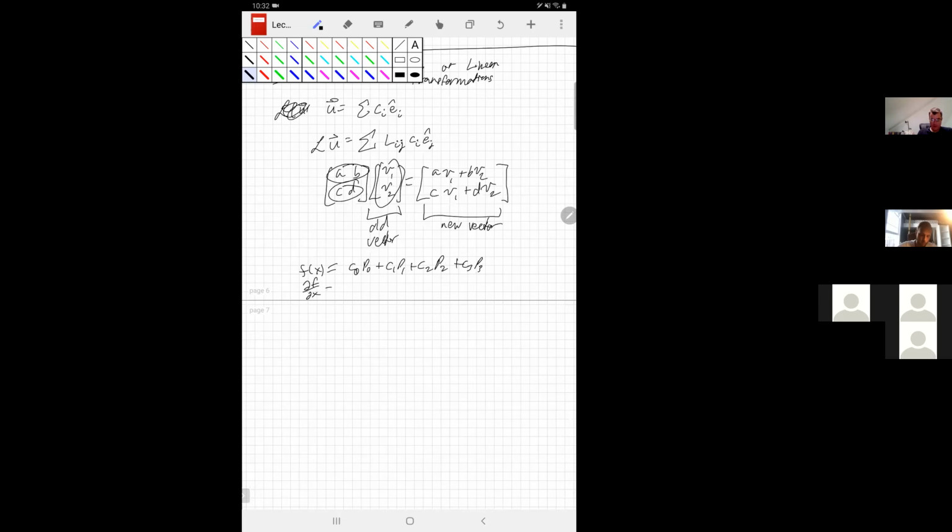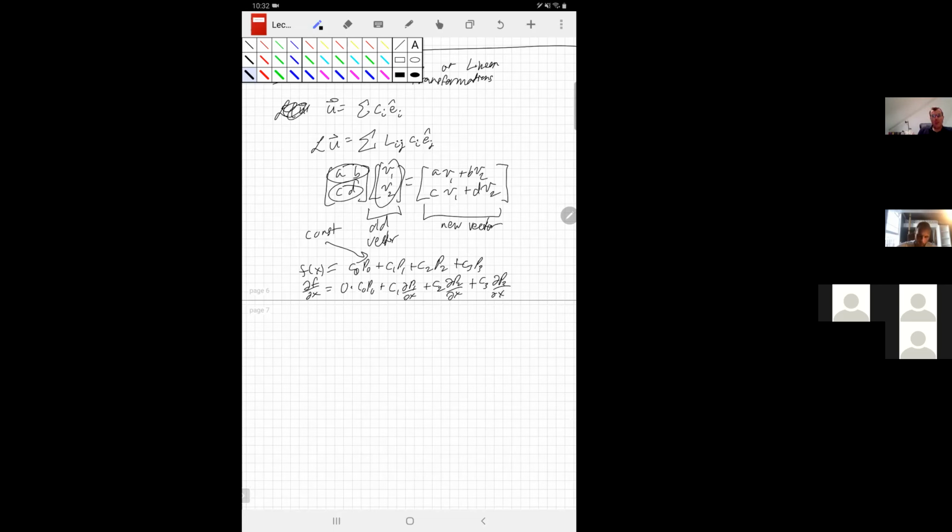Partial f partial x will be, well, P0 was a constant. So 0 times C0 P0 plus C1 partial P1 by partial x plus C2 partial P2 by partial x plus C3 partial P3 by partial x.